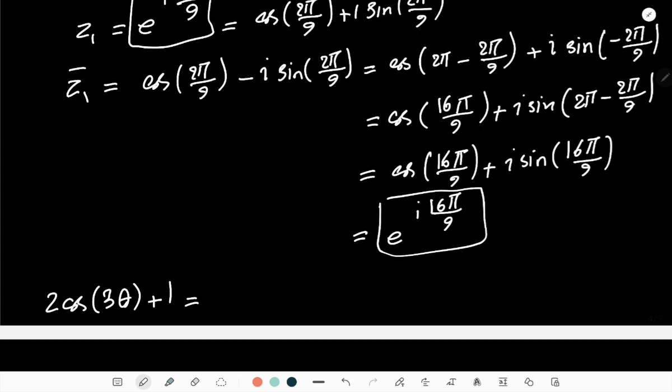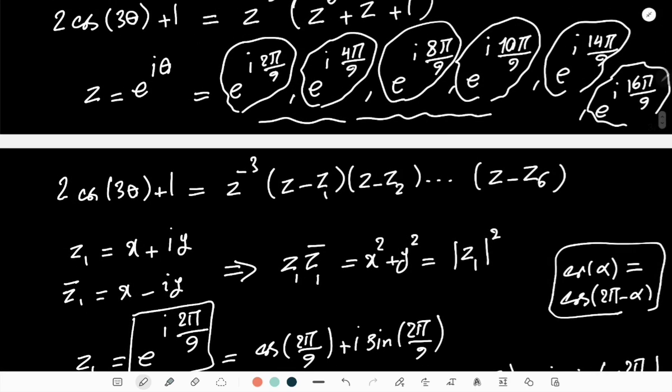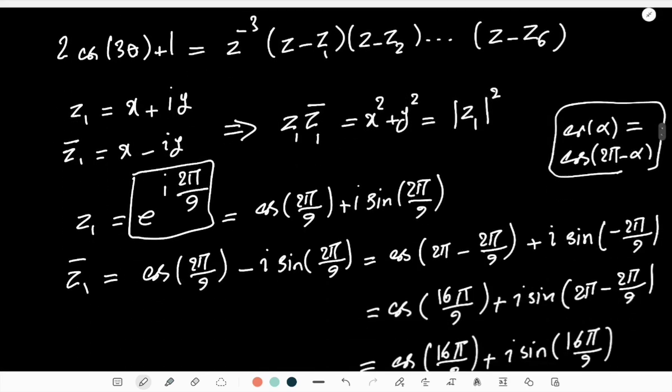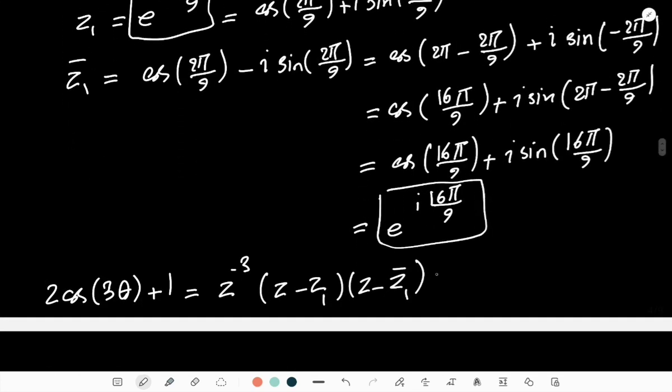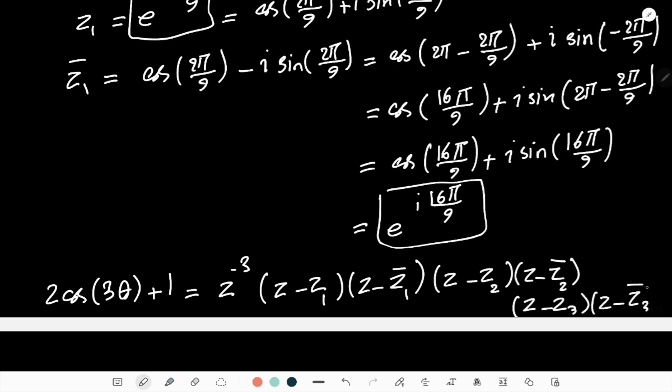Basically, this is equal to z to the power of minus 3 times z minus z1 times z minus z1 bar, because I know z6 is the complex conjugate value of z1, and I put it next to the first root, and the same z minus z2 times z minus z2 conjugate, and here also I have z minus z3 times z minus z3 complex conjugate.